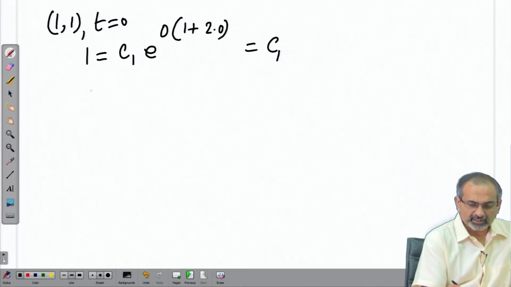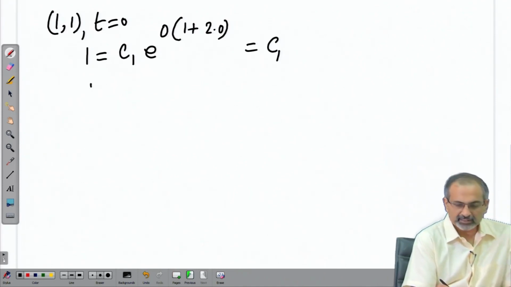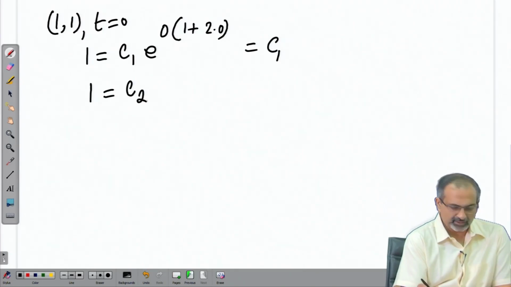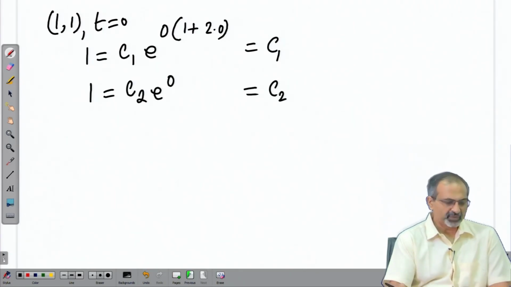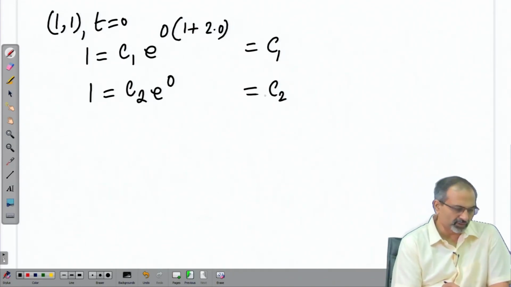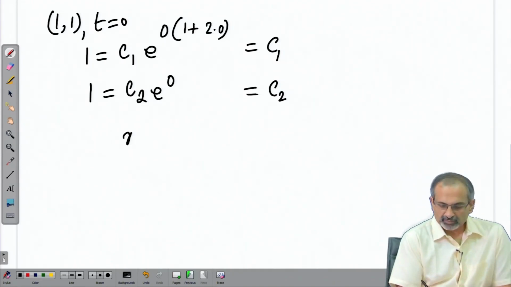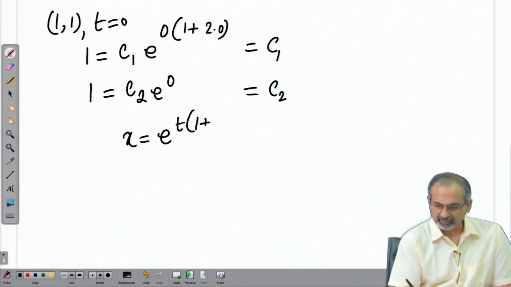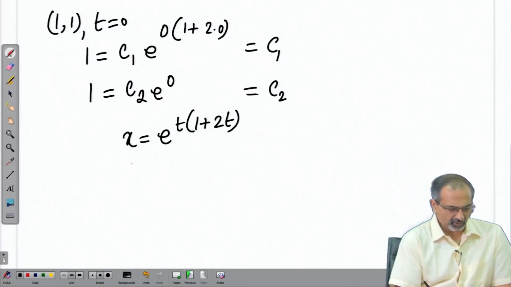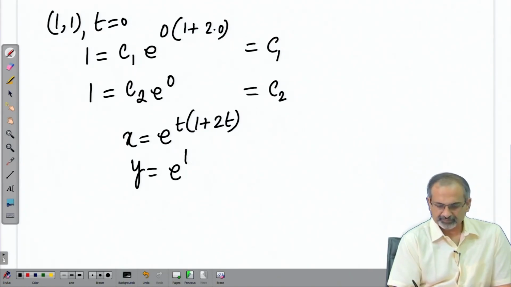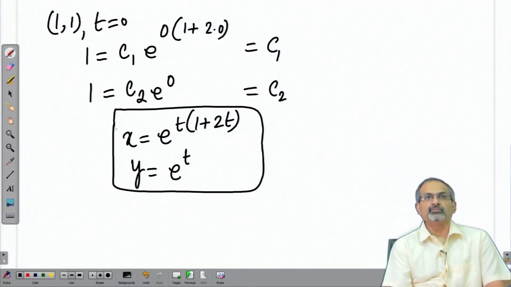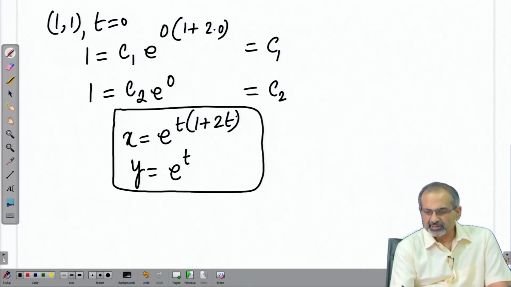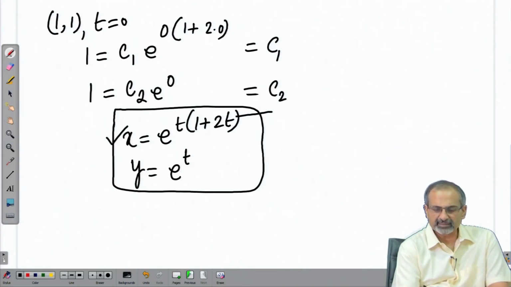From the equation involving the v component of velocity, you get 1 is equal to C2 e to the power of 0, which is C2. Therefore, C1 and C2 are both equal to 1, which means you now have the equations available where you can obtain the coordinates x and y as a function of t. That means t has to be substituted and you then get back x and y.